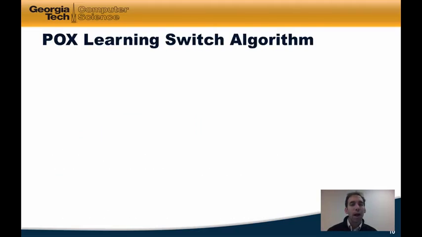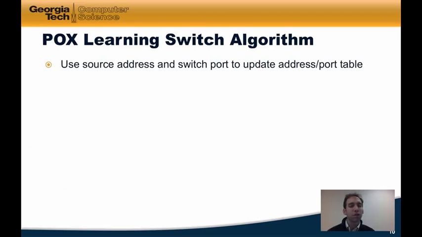The algorithm has several steps. The first step is to use the source address of the packet and the switch port to update the address and port table that the controller itself maintains as a hash table.